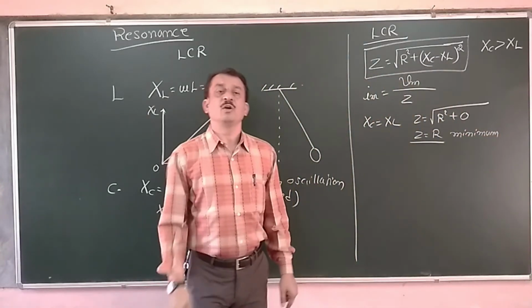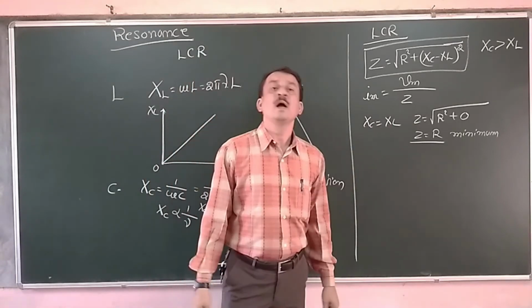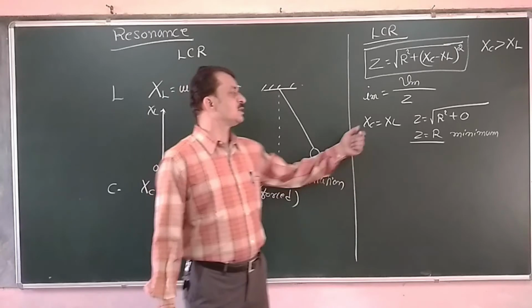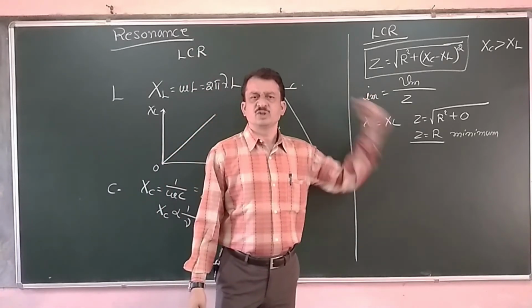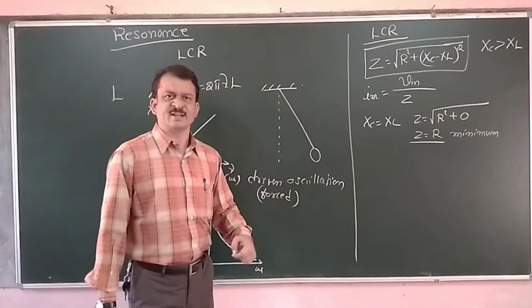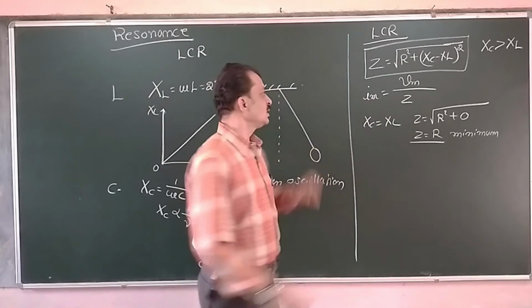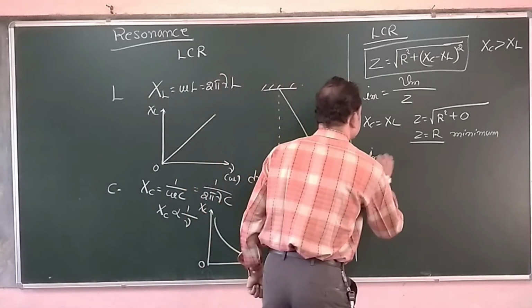The minimum value of impedance is obtained only when Xc equals XL. That means the inductive reactance equals the capacitive reactance. If that is the case, then impedance is minimum and hence the maximum current flows.